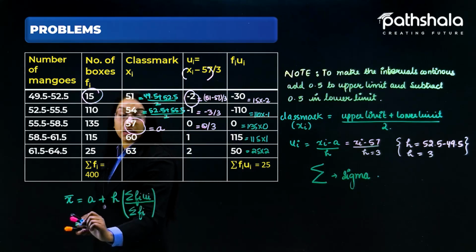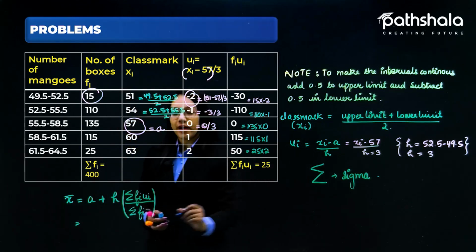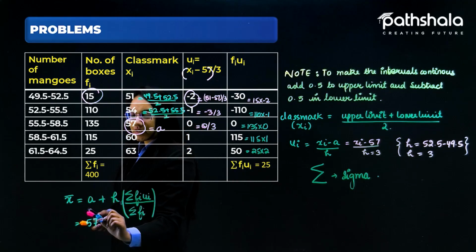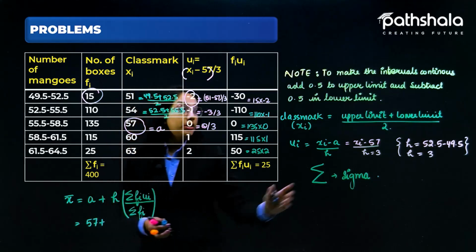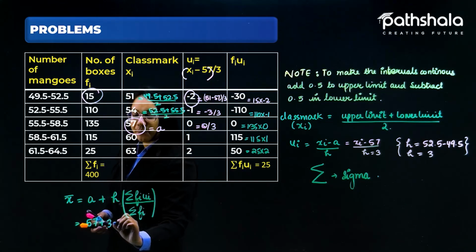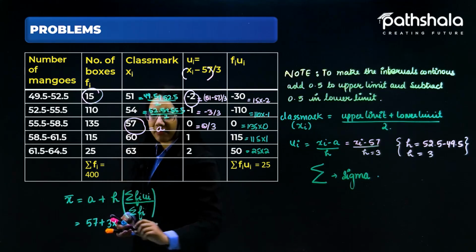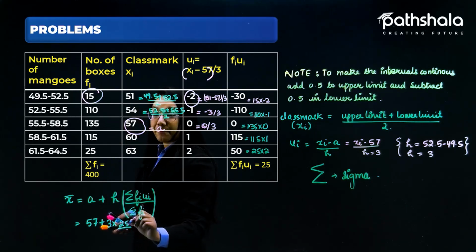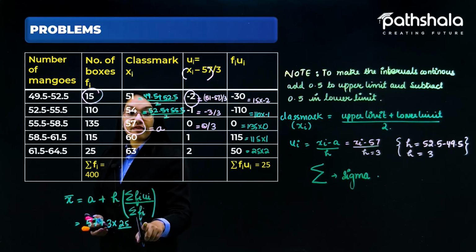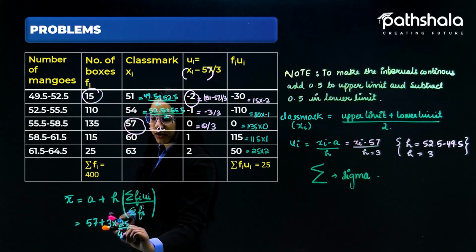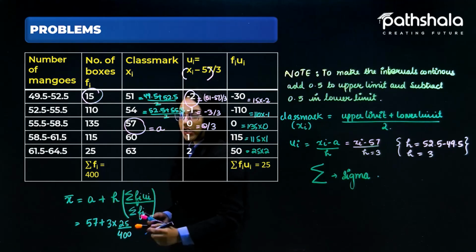First of all, a is the assumed mean, 57, plus h, which is the class size, so 3 into sigma fiui. We have sigma fiui as 25, divided by sigma fi. Sigma fi is 400. Now let's sort it out.